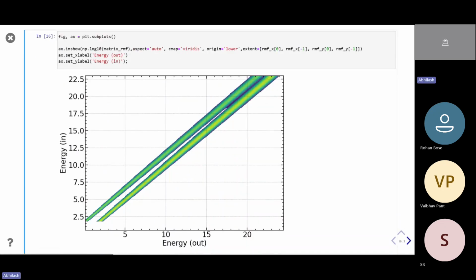Ultimately it's a matrix: the y-axis is the energy in, and the x-axis is the energy out. At every monoenergetic incident energy, this matrix tells us what the response looks like. For example, if you have an input energy of 10 keV, you have an output energy of 10 keV with a Gaussian around it, and another peak called the escape peak, with a Gaussian around it as well.